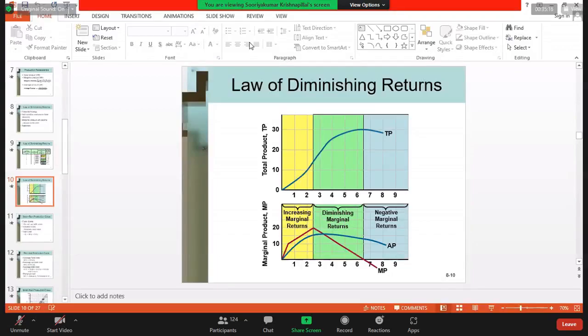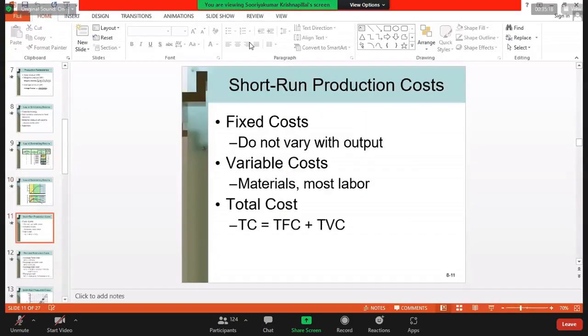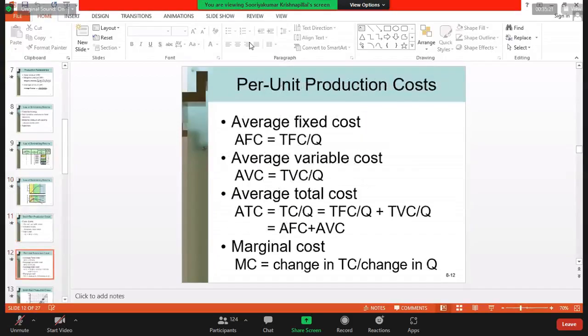Average variable cost is the variable cost per unit. Average total cost is the summation of average fixed cost plus average variable cost.